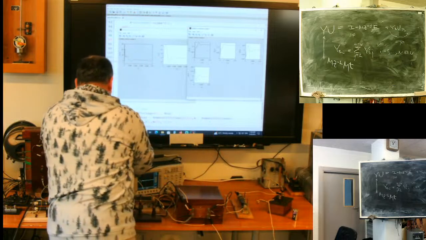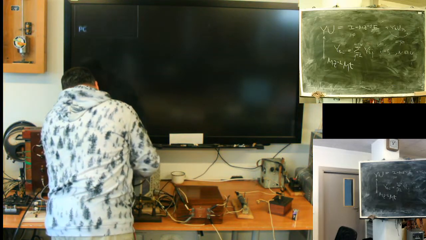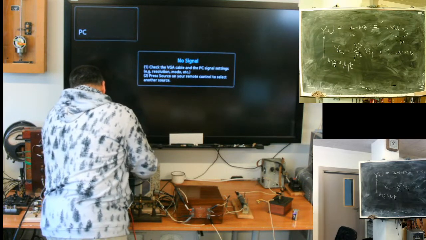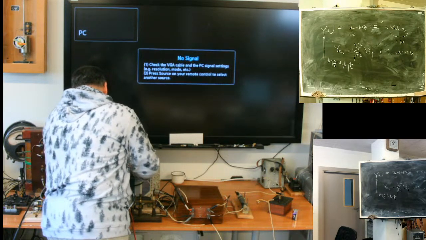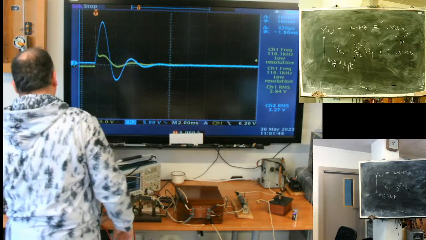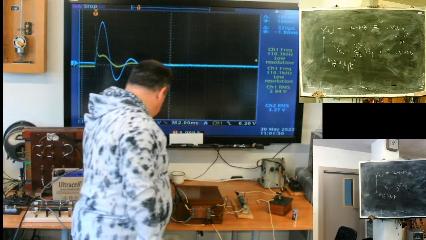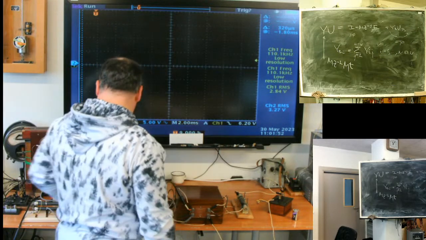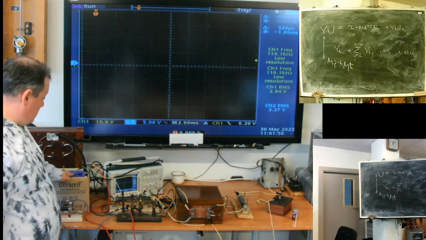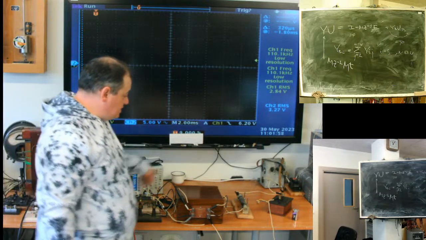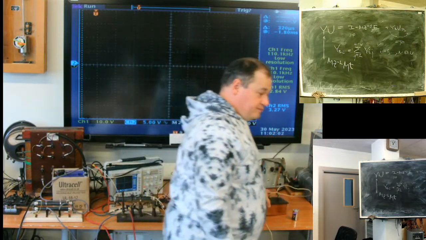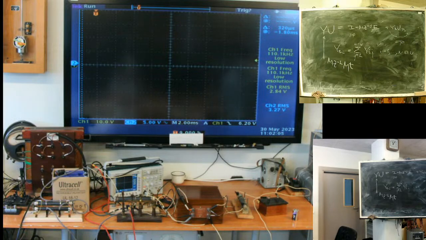Let's try to get them in reality. Sorry, I will connect you. Here is the battery, 26 volts. Here is the first resistor, second resistor, capacitor.